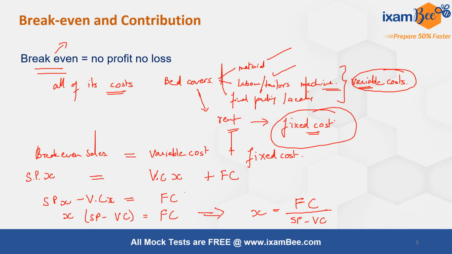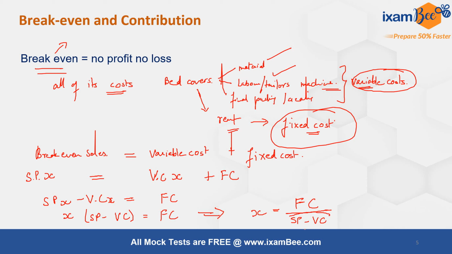So you should not be afraid of the numericals in costing accounts. Any kind of these numericals are very simple mathematics if you understand the logic behind creating that maths. Okay, so here we have derived that break-even sales is given by my fixed cost divided by the difference between my selling price and my variable cost.